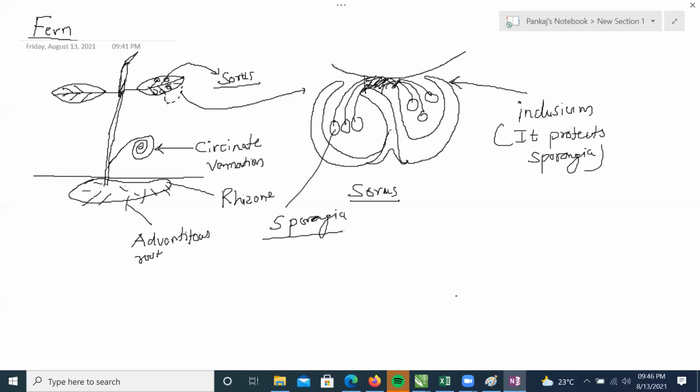Noted? Right. So again, we will just note down the important points. The first being that the leaf bears spores and is known as a sporophyll.